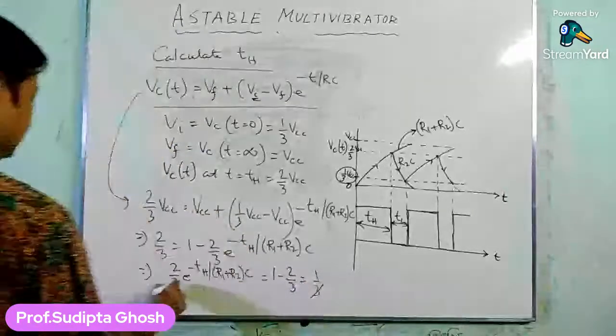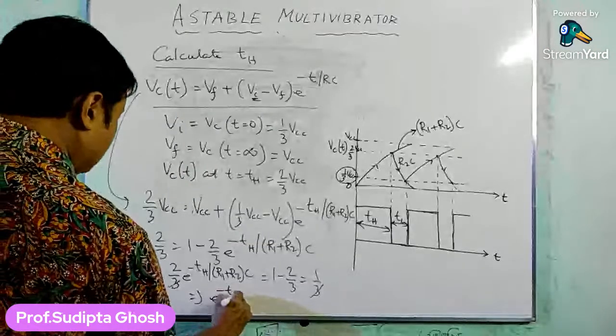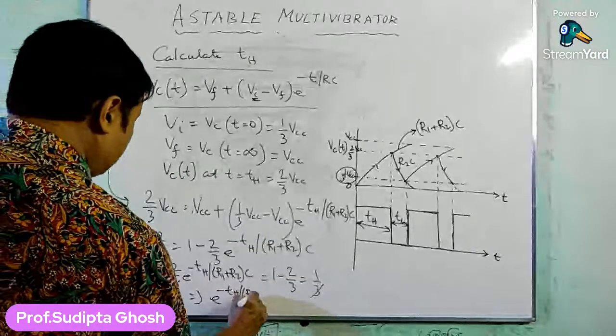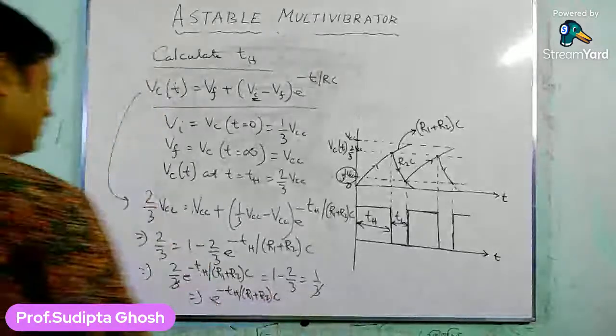Cancelling this 3, we get e to the power minus th by R1 plus R2 into C equals half.